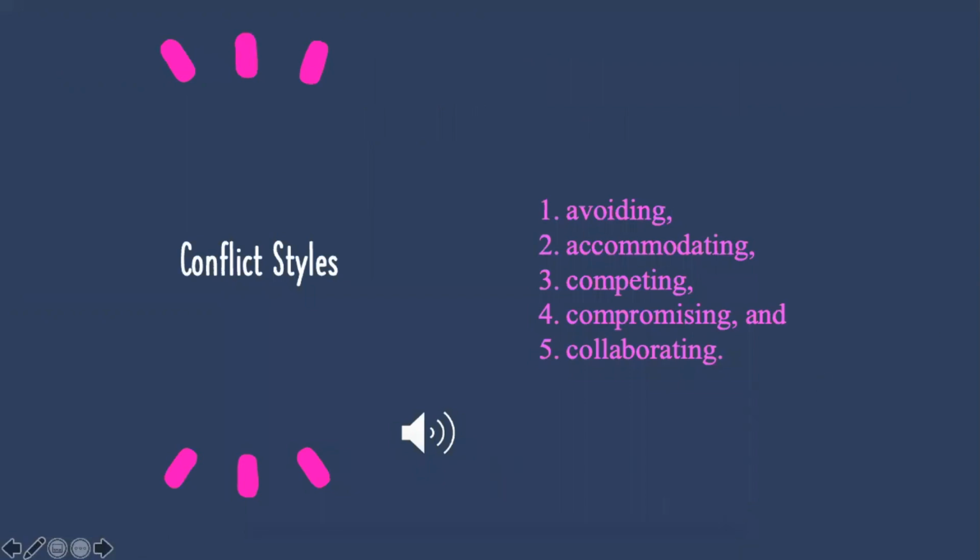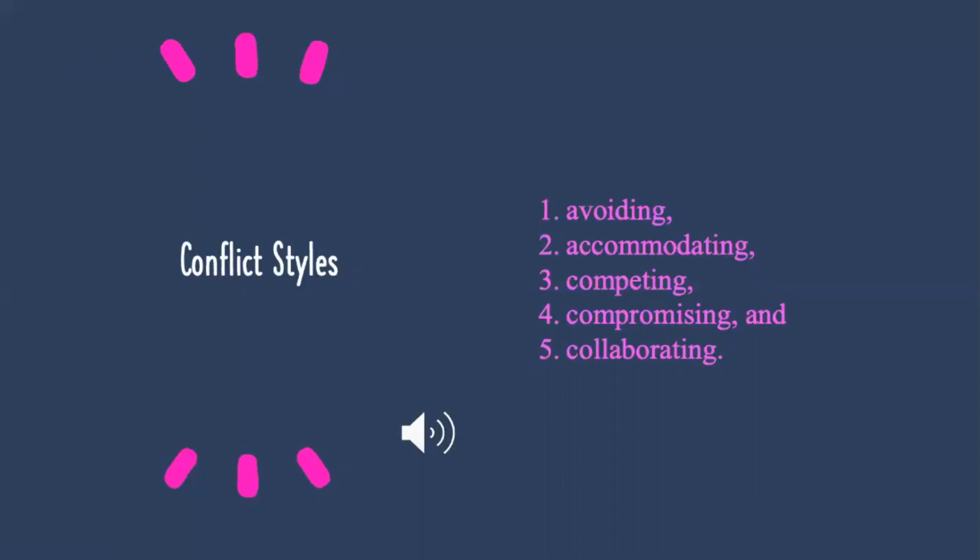Now let's identify some different styles of traditional conflict styles that we often come across in team dynamics. Specifically, our text states that there are 5 traditional conflict styles. One is this idea of avoiding the situation of conflict. Second, accommodating.